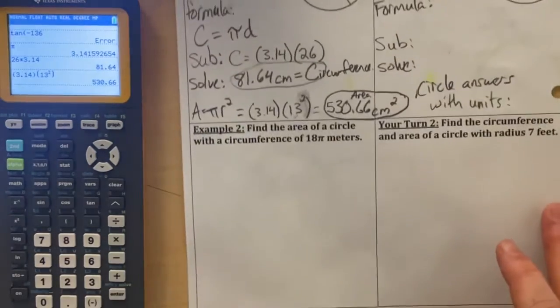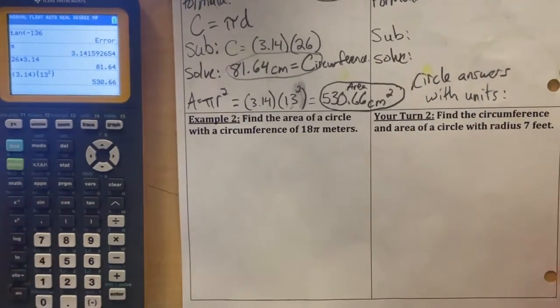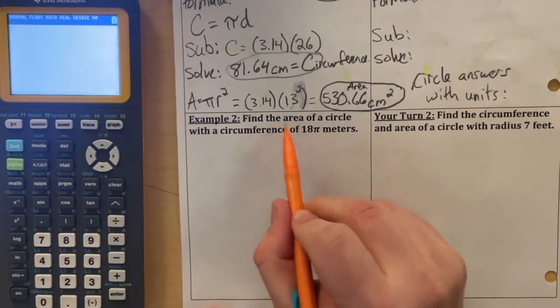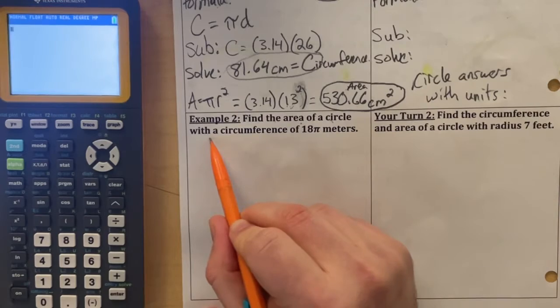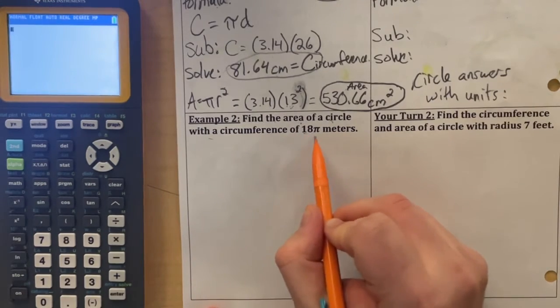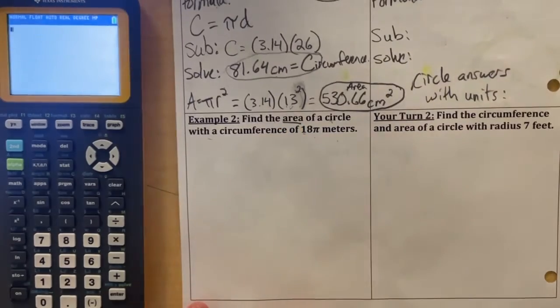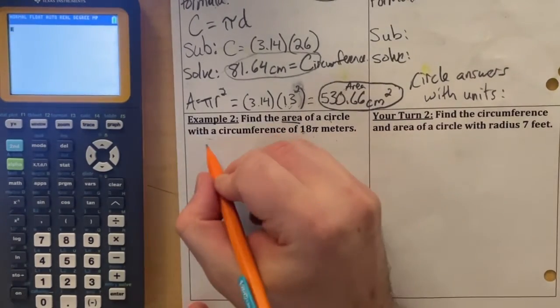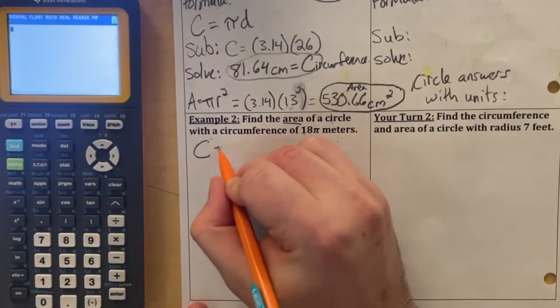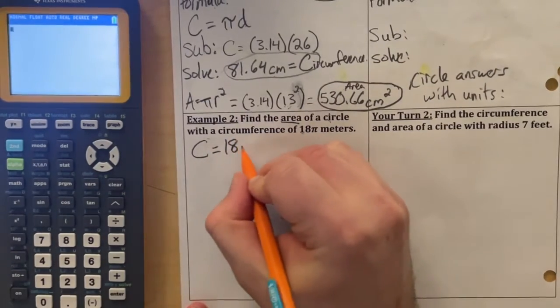All right, so now underneath of that, it has this. Let me make sure it's on there. Okay. It says in example 2, find the area of a circle with a circumference of 18 pi meters. So what this is telling us is this: I need to find the area, and it gives me the circumference. So it says circumference is equal to 18 pi.